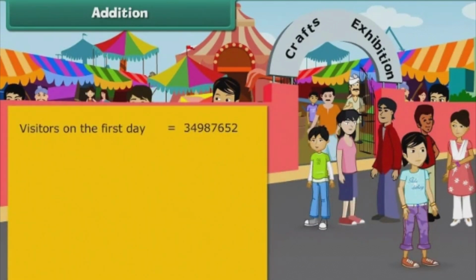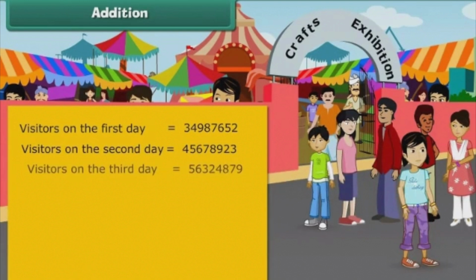Visitors on the first day is equal to 3498,7652. Visitors on the second day is equal to 4567,8923. Visitors on the third day is equal to 5632,4879.